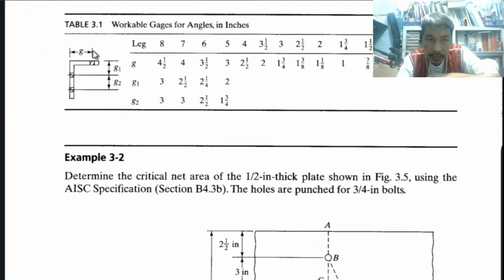Meaning if the size is 2 by 2 inches, we cannot have 2 holes on the other side. 1 hole on one side, 1 hole on the other side.